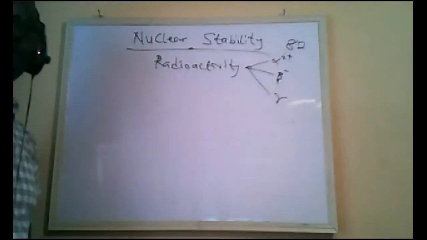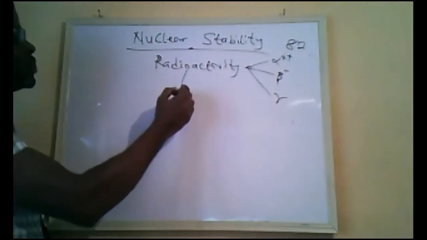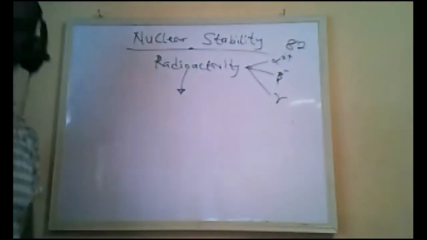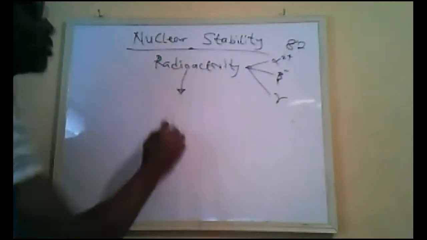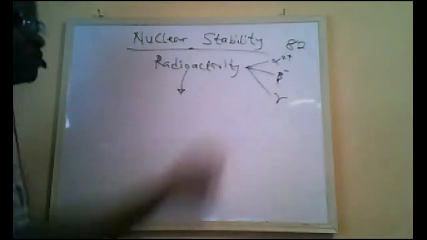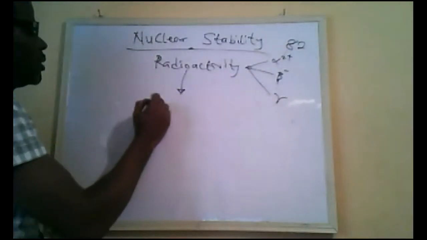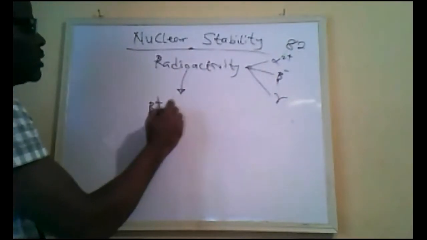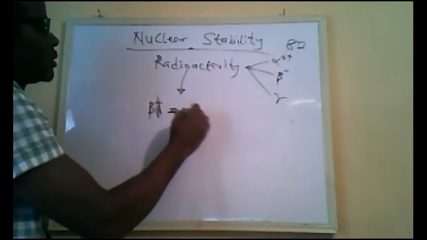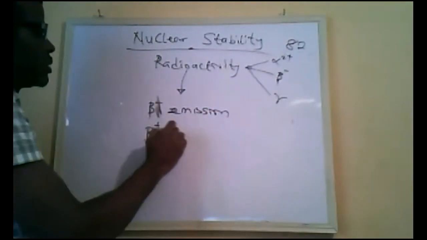Radioactivity is treated under these processes in which the atom becomes stable again. The atom can become stable via beta minus emission. It can have a beta plus emission.